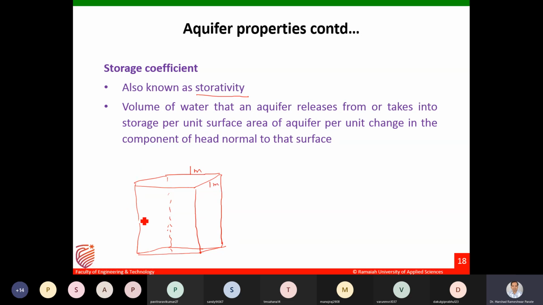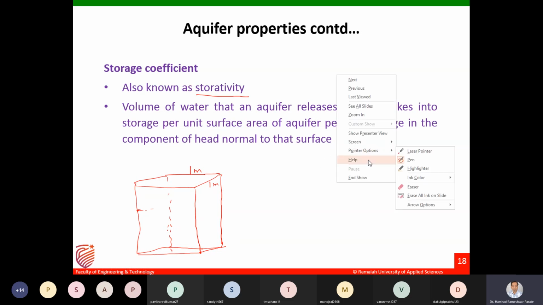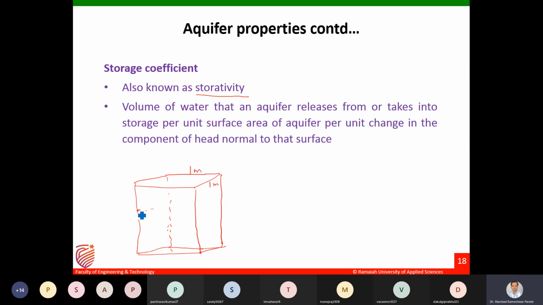Now if it is having water, consider this is the level of water at present.